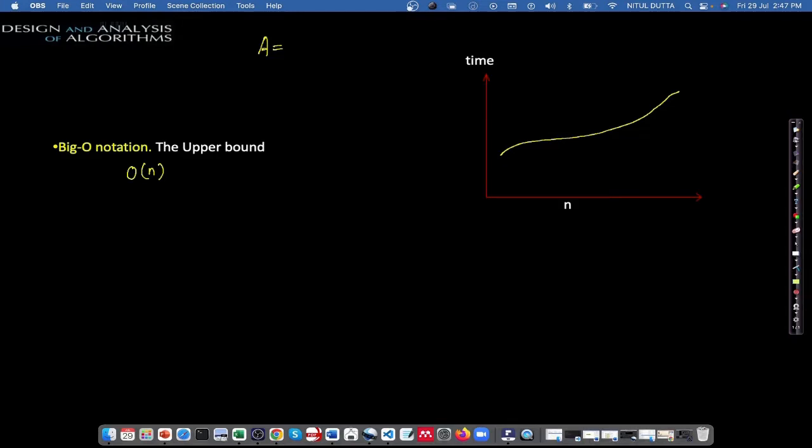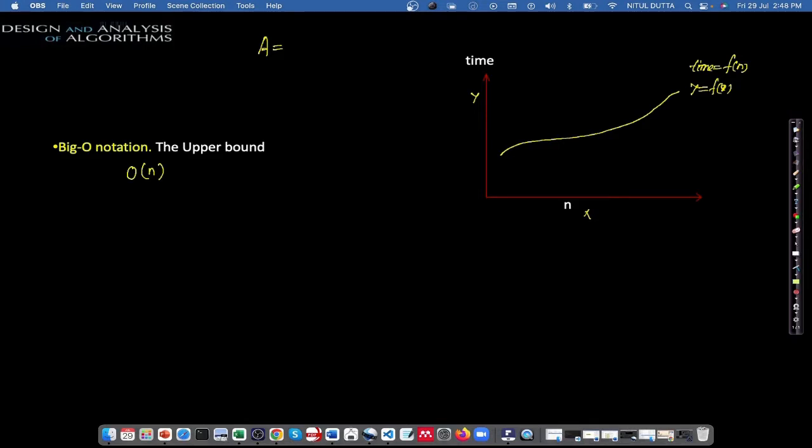This graph can be represented functionally in terms of n. If we assume that the time equals a function of n, and this is y and this is x, then y is represented as a function of x, where x is nothing but n, the size of the input data.